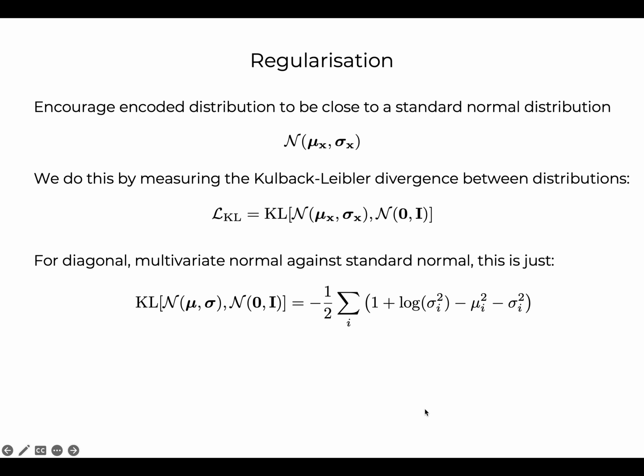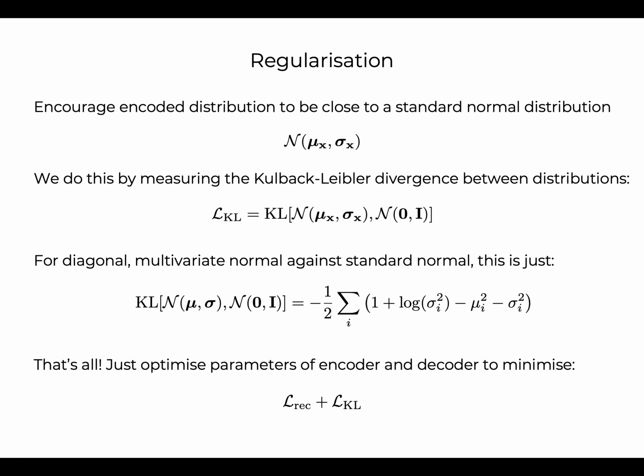So we can use this as a loss, and in order to train our variational autoencoder, all we do is minimize the reconstruction loss as we did for an autoencoder, but also this KL divergence loss, which is going to try to push the distributions for all the data samples towards a standard normal distribution.